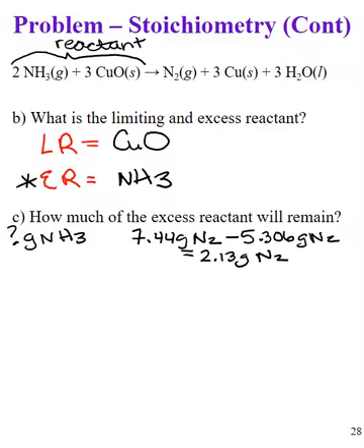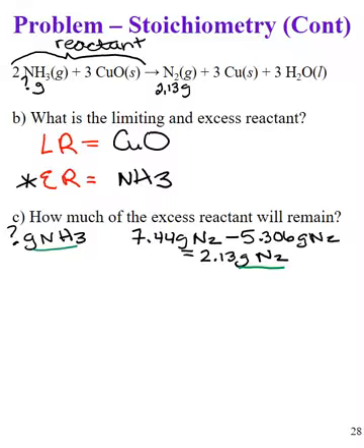Now what we need to do is notice how they're asking for our grams of NH3. Here we have grams of N2. So we have to work backwards. We have 2.13 grams of this, and we have to figure out how much of that is left.